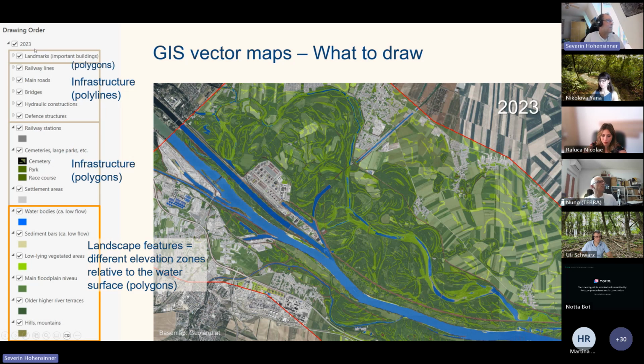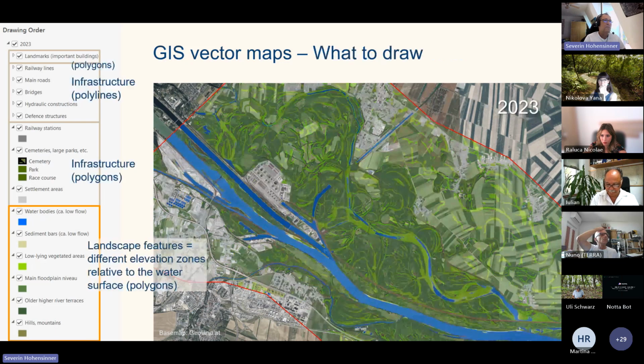This is not really the topic of the DANSER project. This is only an add-on. We do it because we know that the maps are used for other reasons, for museums, for exhibitions, and so on, so we have an added value doing that. But for DANSER, the landscape features are really relevant.